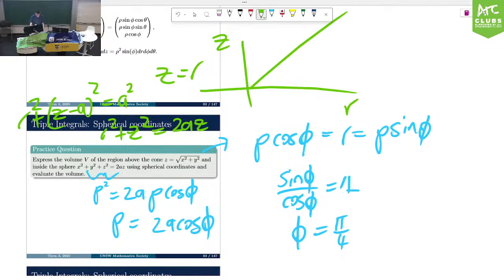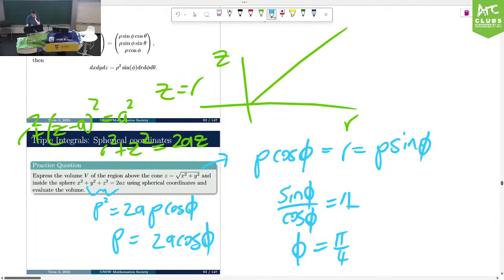The radius a is positive, I think we're allowed to assume. So we can put a here, and the sphere will intercept here because it has radius a, and then it'll be up here, some sort of circle looking like this. I think that looks good. So we want to find the volume. Okay, so we want to effectively find, since this is our cone, you can imagine this in 3 dimensions.